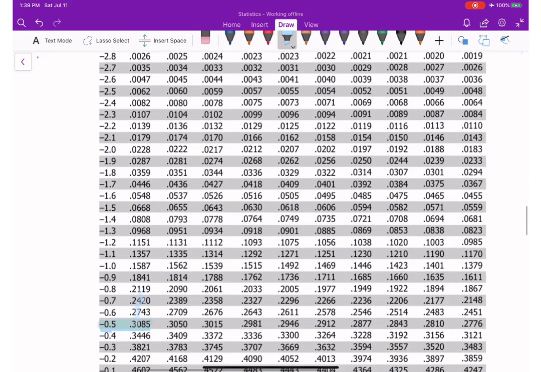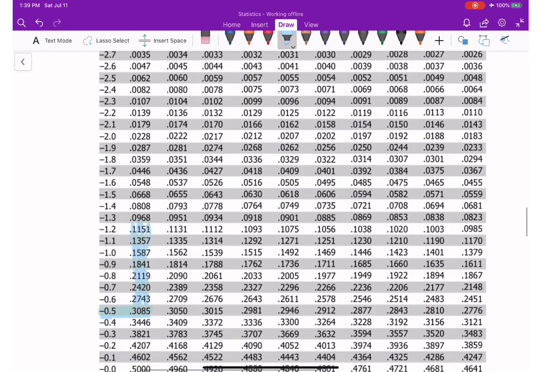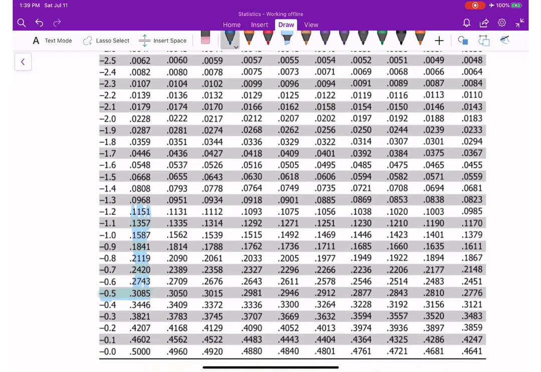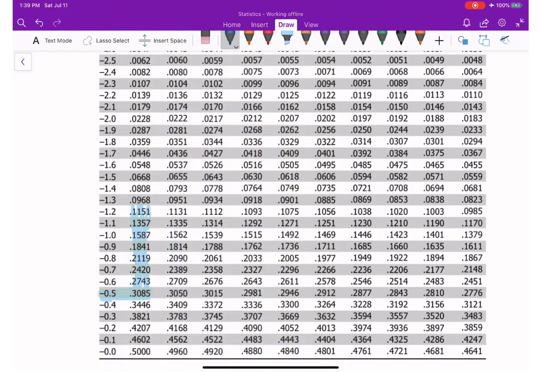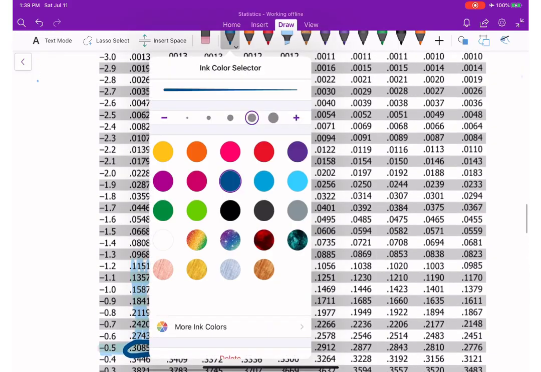It's coming right here, and this is going to be 0.3085. When you have only one decimal instead of two, you just add 0. So it will be 0.3085.